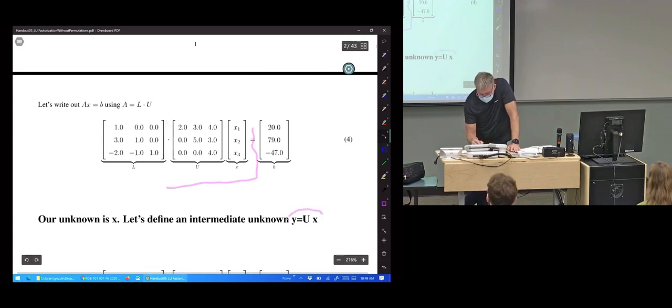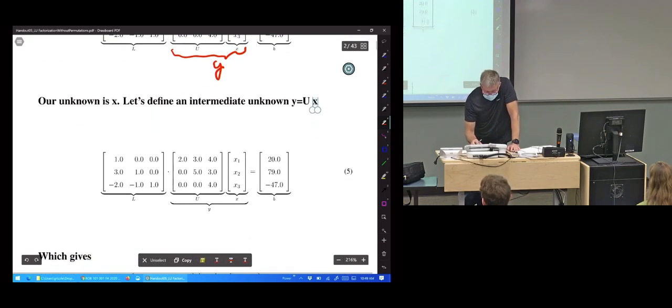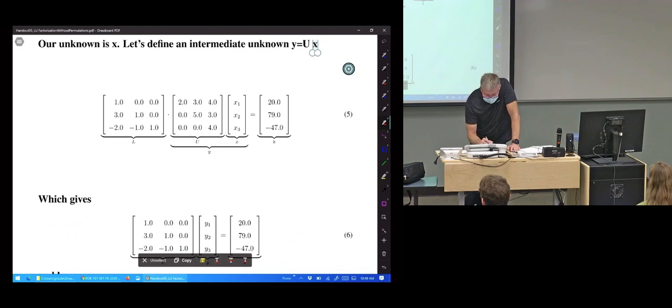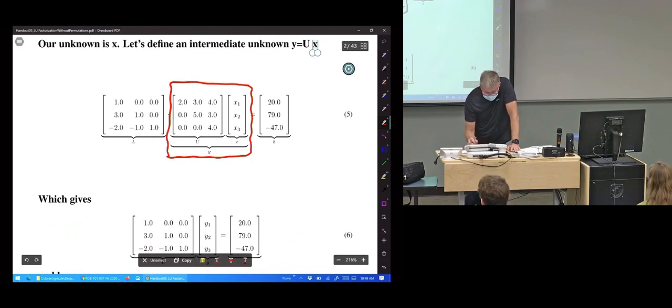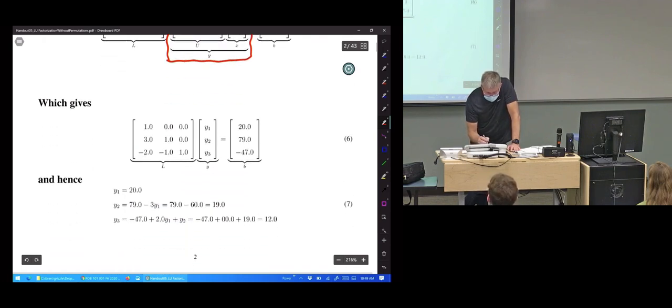So I'm going to call that Y. So this becomes Y. I rewrite the equation like that.